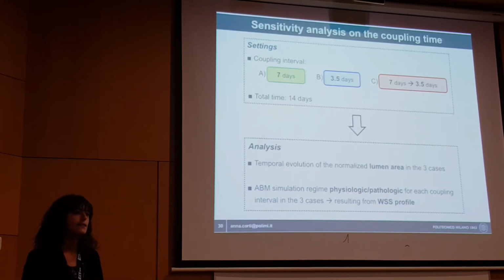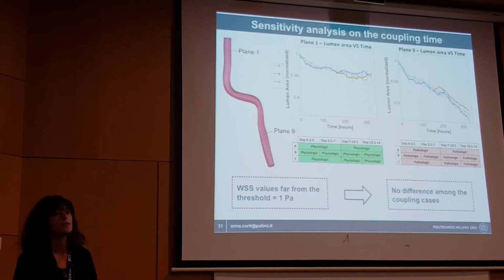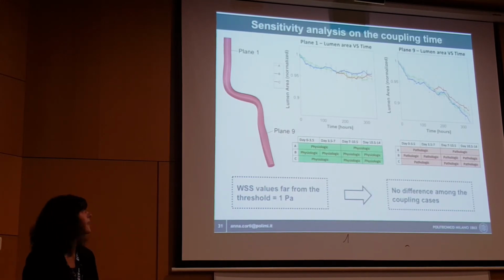From the analysis, 2 scenarios arise. The first one involves those planes in which the wall shear stress values are far from the threshold, like plane 1 with very large wall shear stress and plane 9 with very low wall shear stress. In these conditions, the coupling period doesn't affect the results.